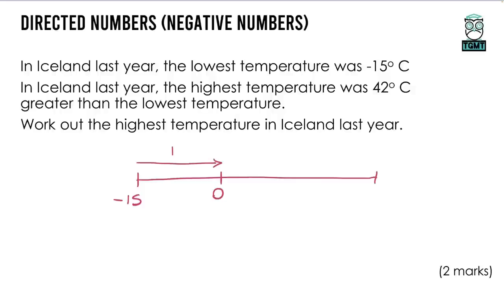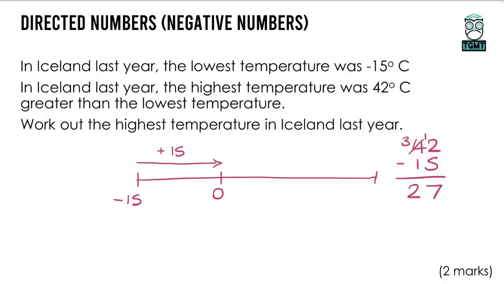So we want to know how much further we have to go to increase by 42. So what we could do is take away 15 from that 42 just to see how much higher we need to go. So I might do 42 take away 15, just some column subtraction to the side. I can't take away 5 from 2, so I'll have to borrow. 5 from 12 is going to go down to 7, and then 1 from 3 is 2.